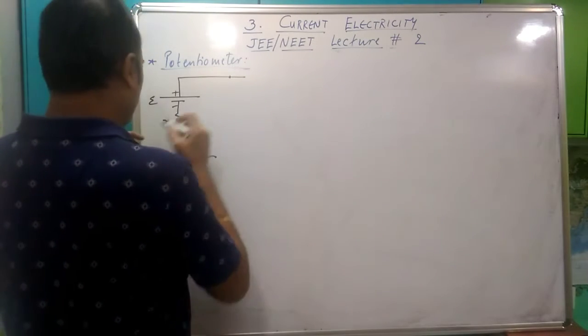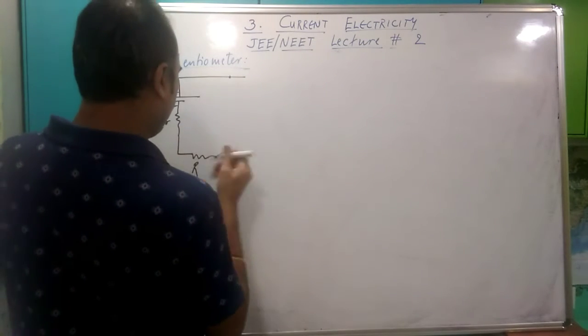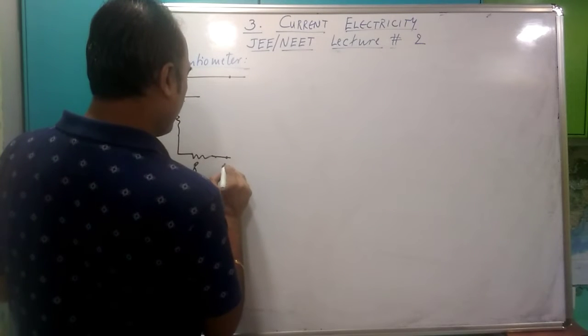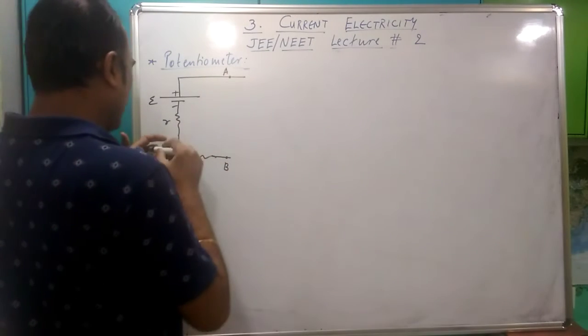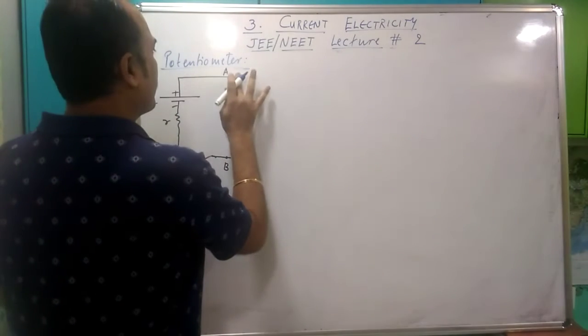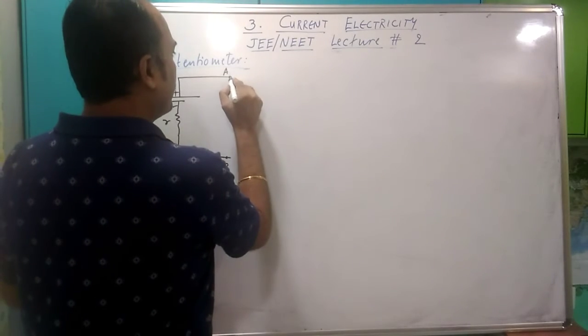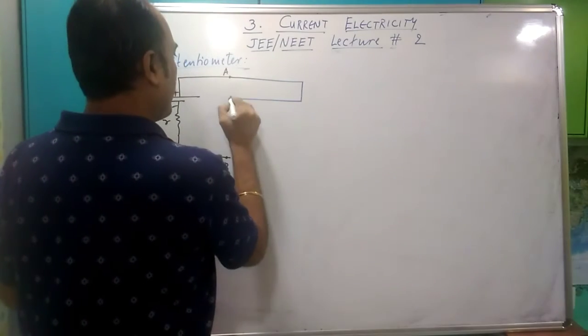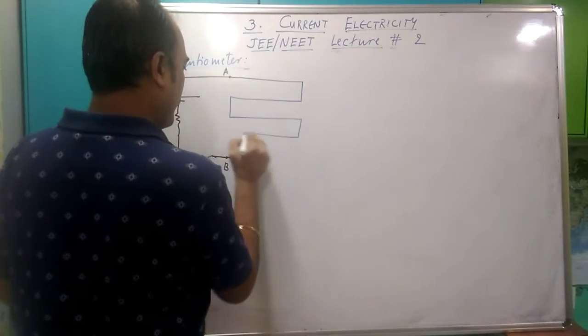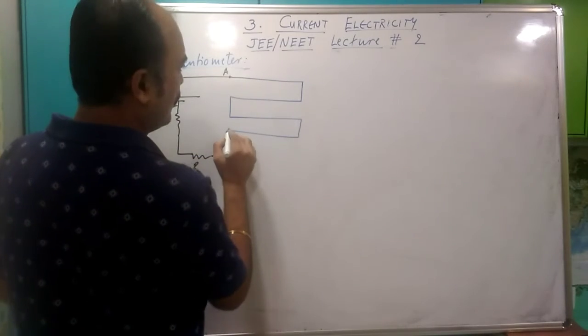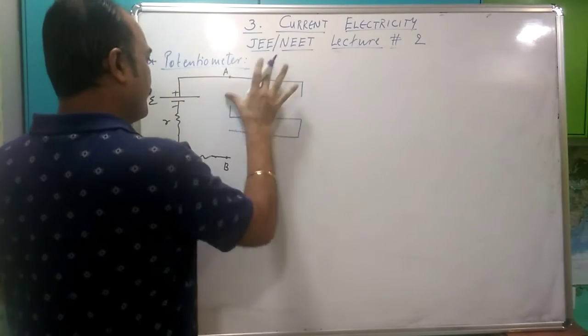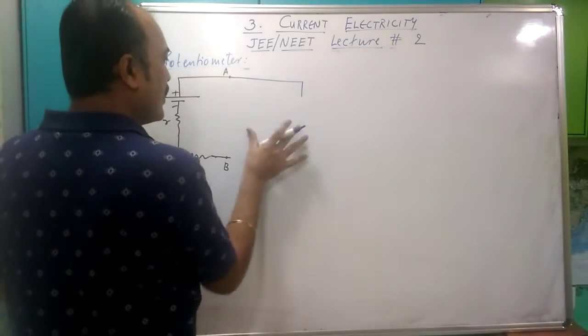And from here my wire starts. Let me draw the wire in blue. We'll call the wire AB.